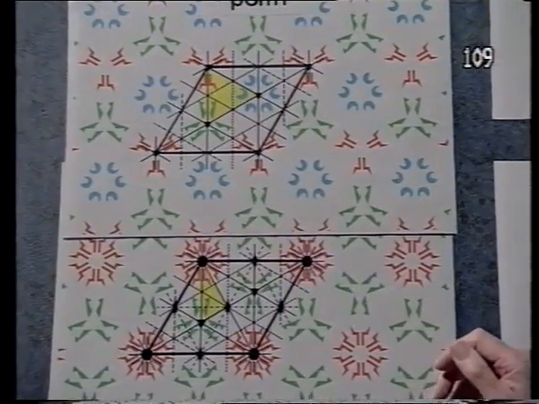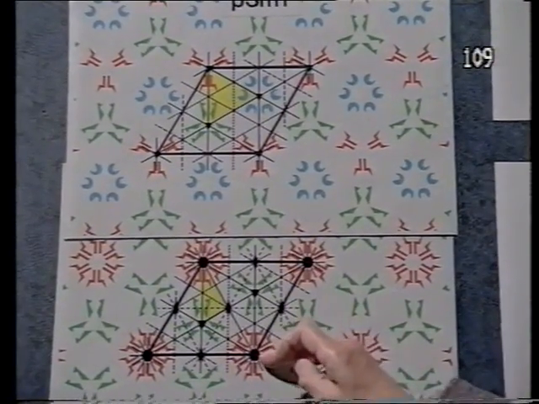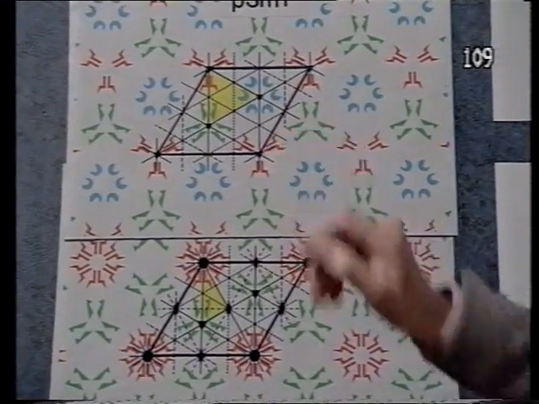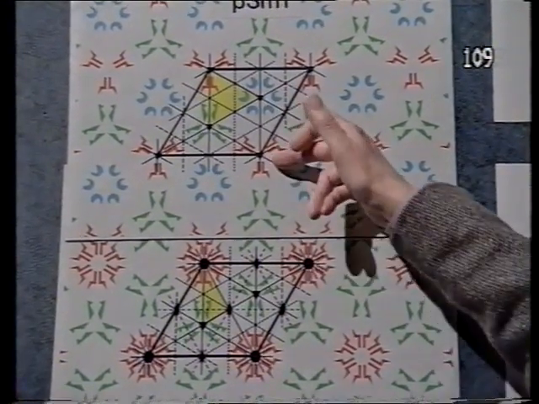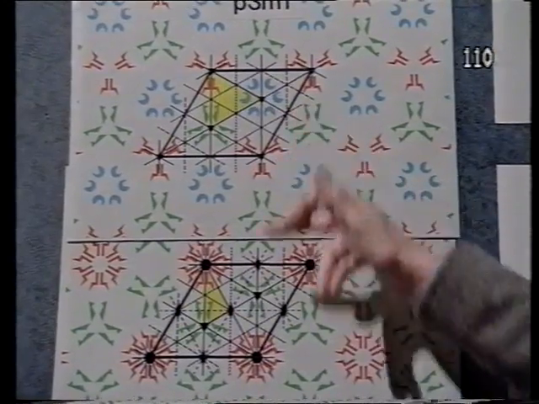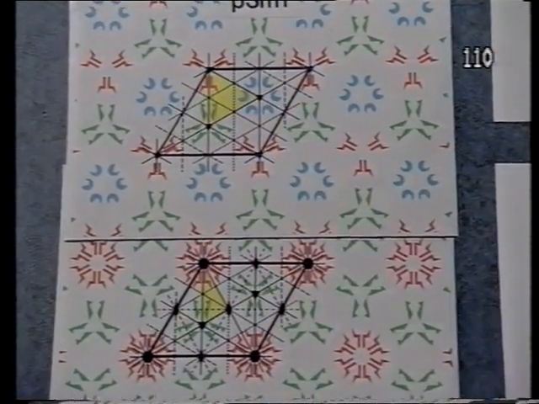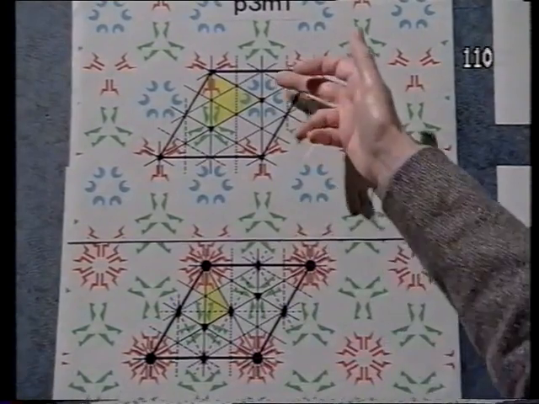We've also downgraded the 6 centers at lattice points to 3 centers. And that's equivalent to the fact that there are now only 3 axes passing through the lattice points instead of 6. And we've lost all of these 2 centers.